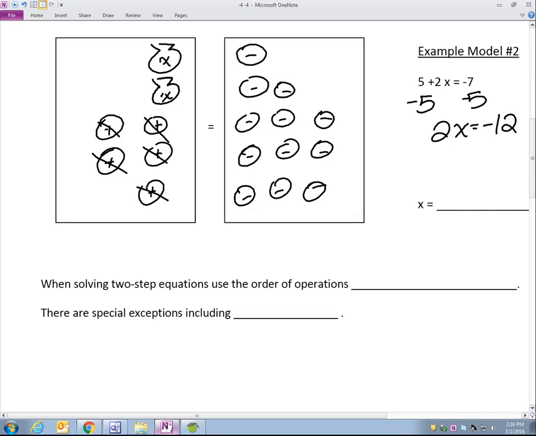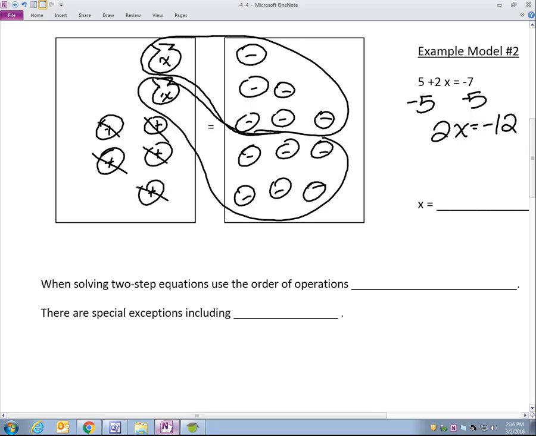So now if I am going to be finding out how many are in each bag, I have this many in this bag and the same amount in this bag. So how many in any bag? Is it just a 6? Negative 6.